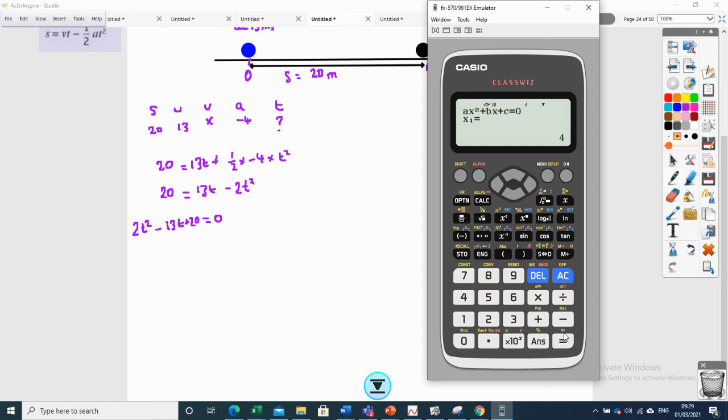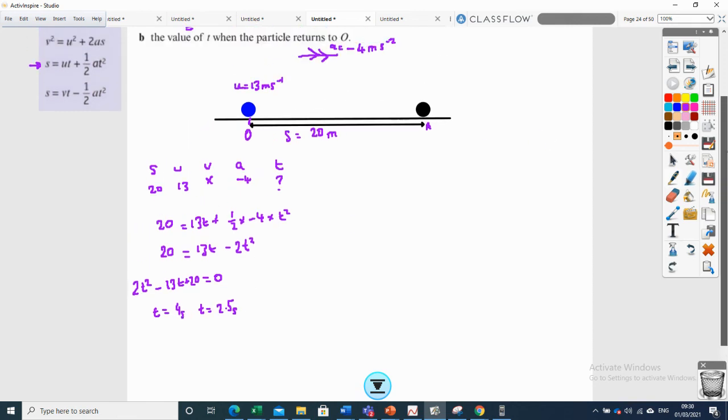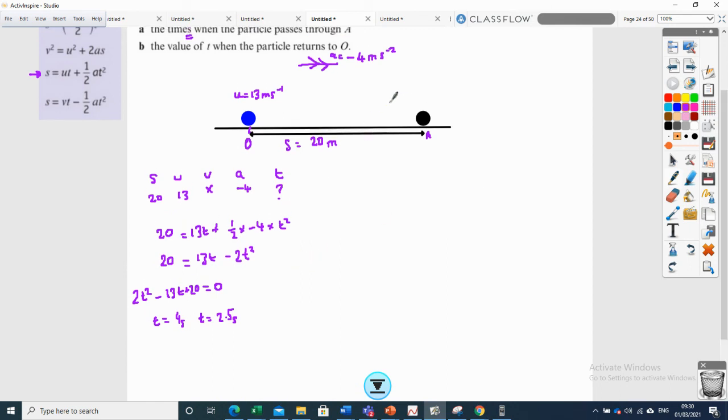I know, it was an easy one to factorise this one. So it's 4 and 2.5. So t is equal to 4. T is equal to 2.5 seconds. So the times it passes through A are 2.5 and 4.